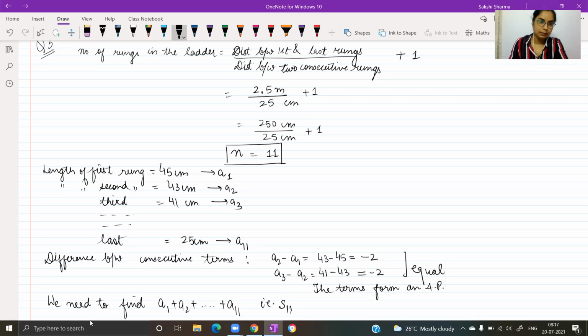You can use the formula n by 2 into a plus an. The answer is 385 centimeters.